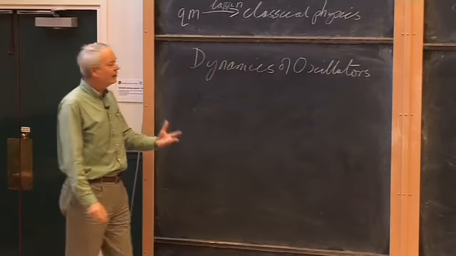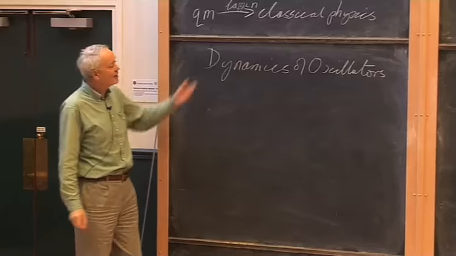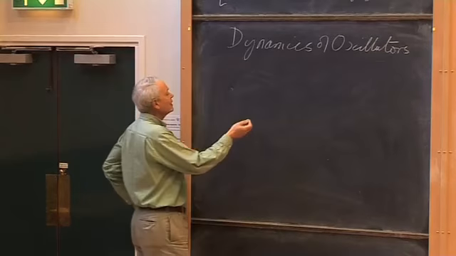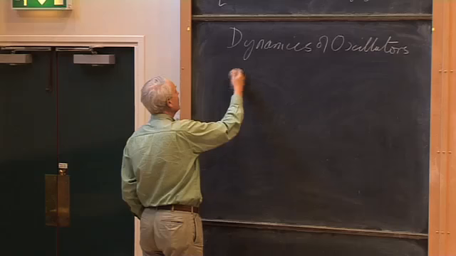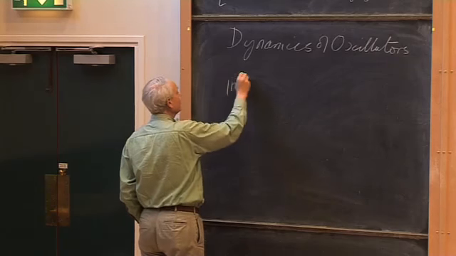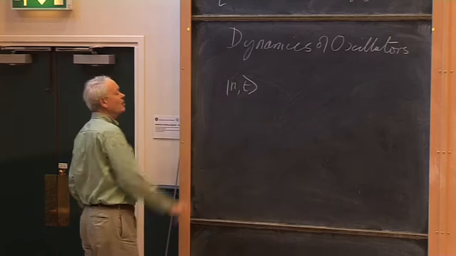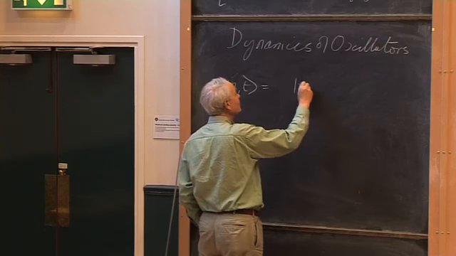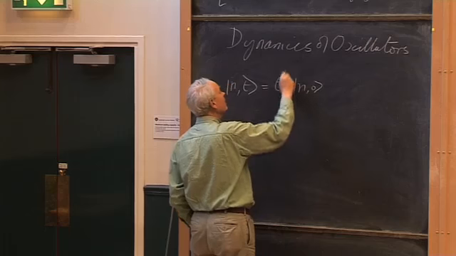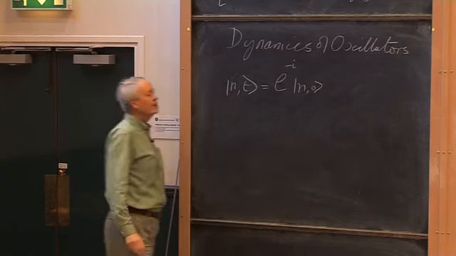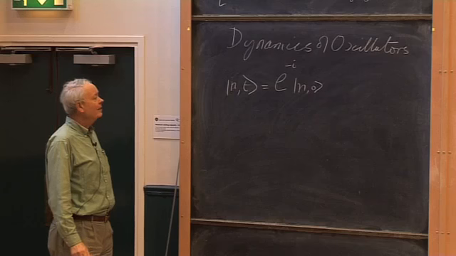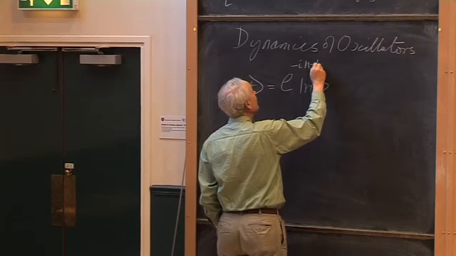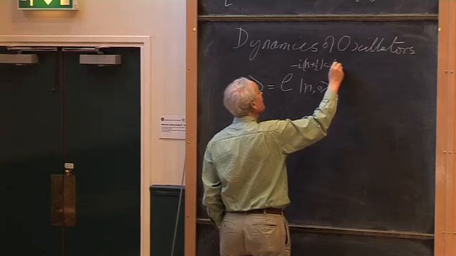So far we have found these stationary states, and I've said several times these stationary states are highly artificial. One way you can see their artificiality is that the state with energy n plus a half h bar omega at time t is equal to that state at time t equals 0 times e to the minus i E over h bar t, but since E is n plus a half h bar omega, this is n plus a half omega t.